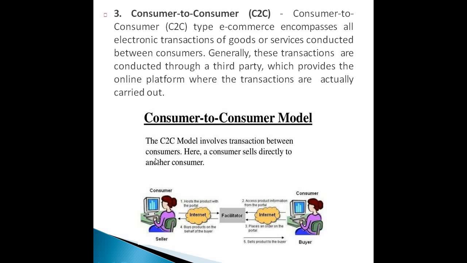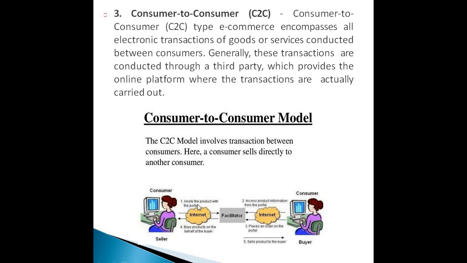So students, in this diagram you can see how the C2C model involves transactions between consumers. Here a consumer sells directly to another consumer. Here you can say consumer and consumer. It's a seller, it is the buyer.